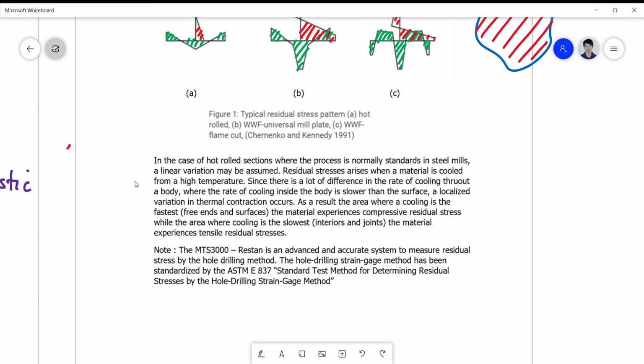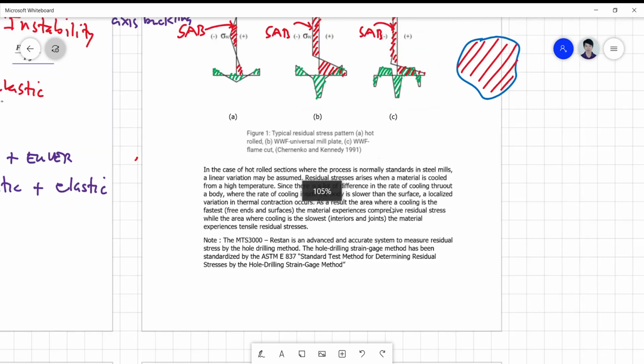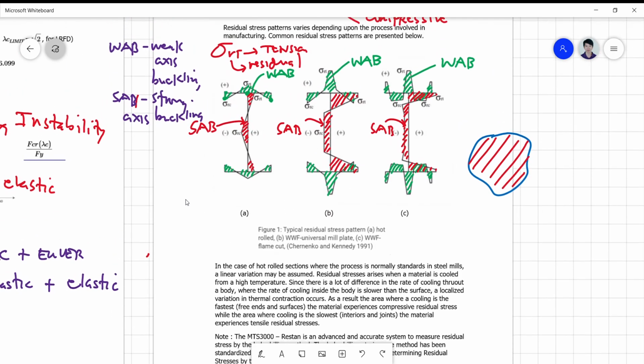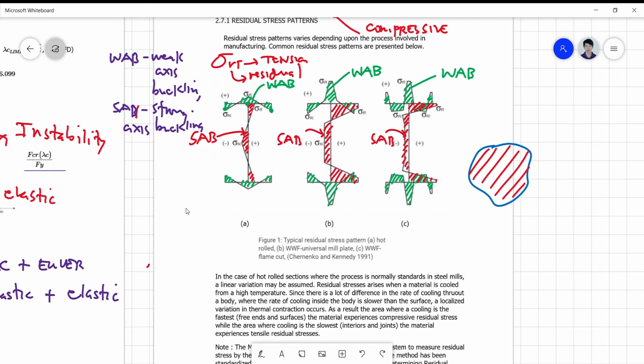Okay, so the hole drilling strain gauge method is actually an ASTM E837 method, and the equipment they use now for advanced procedures is the MTS 3000. So I got this from the internet, and these are used by many companies and researchers to obtain some information on the residual stress pattern of different structural steel shapes and sections.